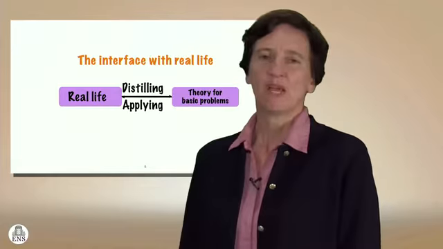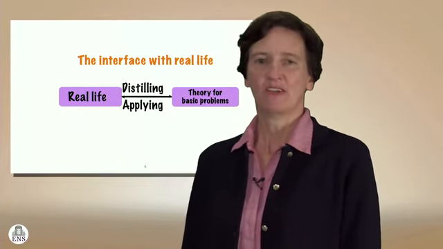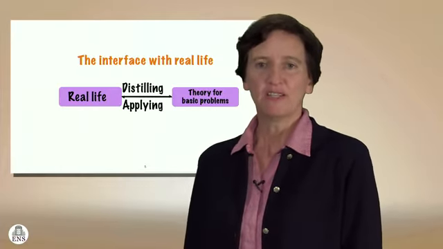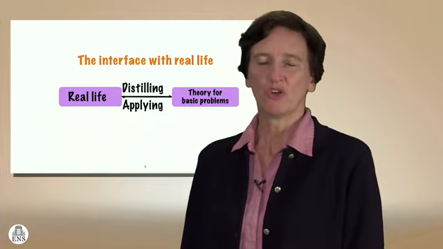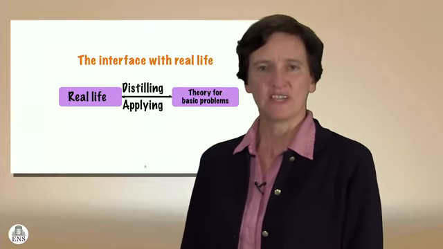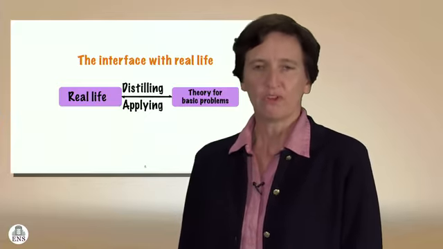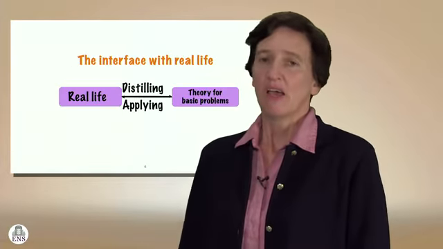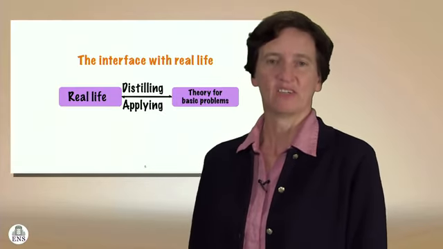And so, we start from real-life situations. We distill the difficulties to define basic theoretical problems. On those problems, we do theory. We design a solution, an algorithm. We prove some theorems about it. En route to doing that, we get some new ideas.